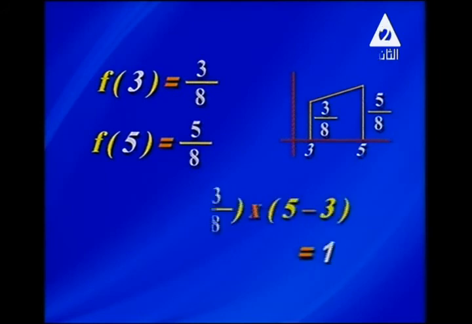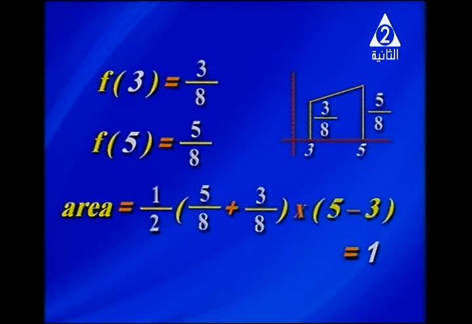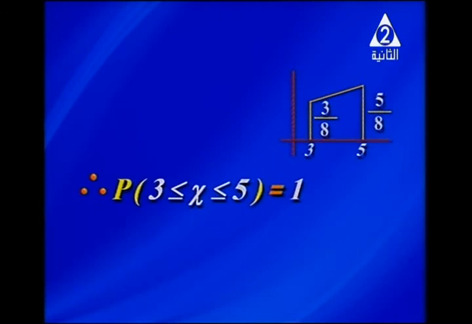Then the area of the trapezium is half multiplied by the bracket containing the sum of the two bases, 5 over 8 plus 3 over 8, times the height. What is the height? The difference between 3 and 5. The answer is 1. What does that mean? Area equals 1. Then the function is a density. When we find the probability that x is between 3 and 5, it equals 1.